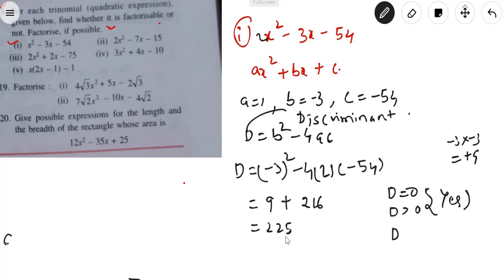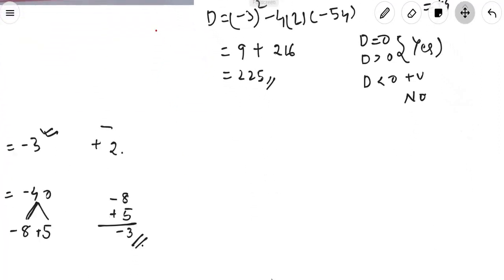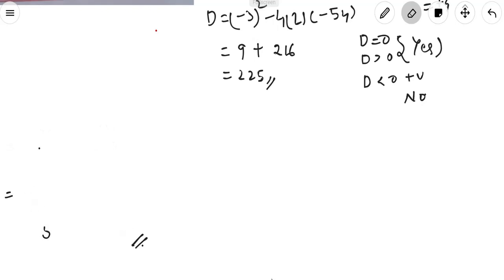If you get d lesser than 0, that is negative values, then we tell it is not factorizable. Now this is greater than 0. And you have to see whether it is a perfect square or not. If it is a perfect square, then only you are able to factorize. Otherwise, you cannot factorize it. So you have to check whether it is a perfect square. Yes, it is a perfect square.